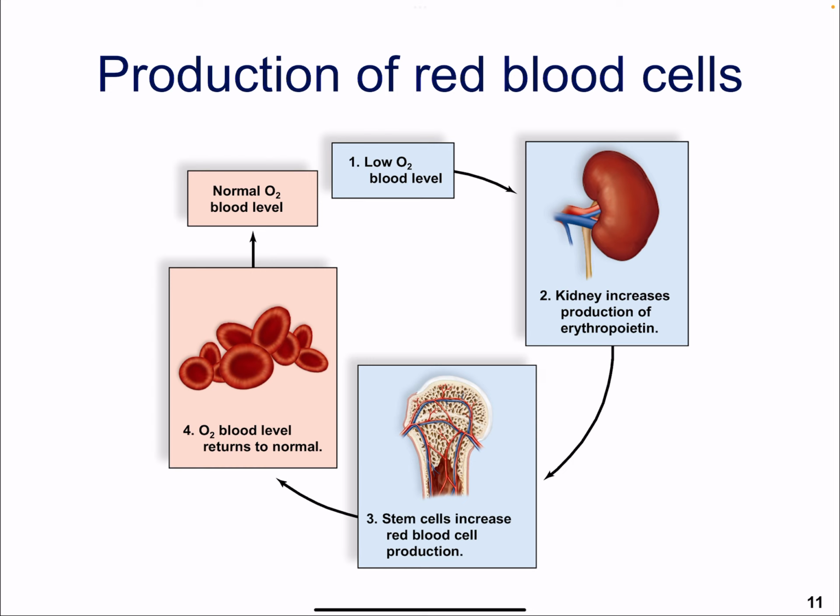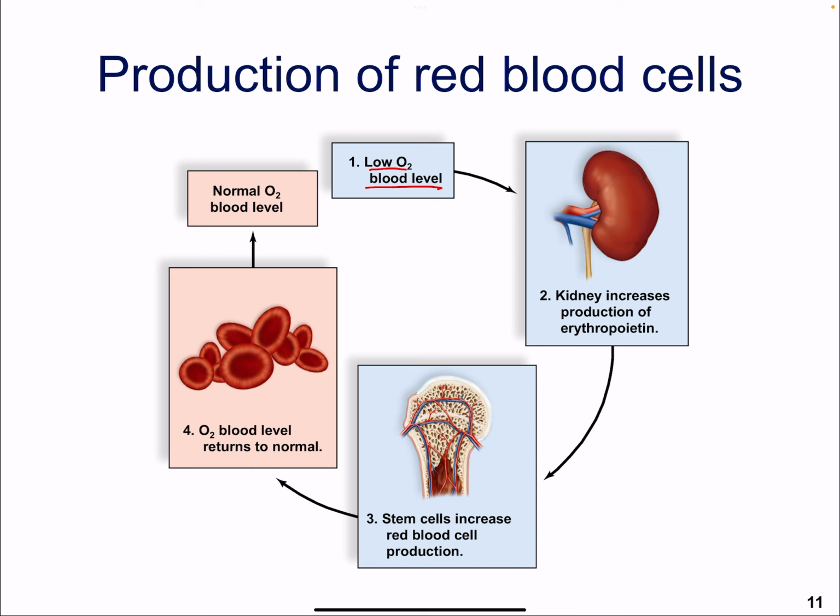So, question is, how do we produce red blood cells? Well, we produce red blood cells in conditions when we run low in oxygen. Whenever our blood runs low in oxygen, there are some receptors that are going to feel that there is a low concentration of oxygen in the blood.